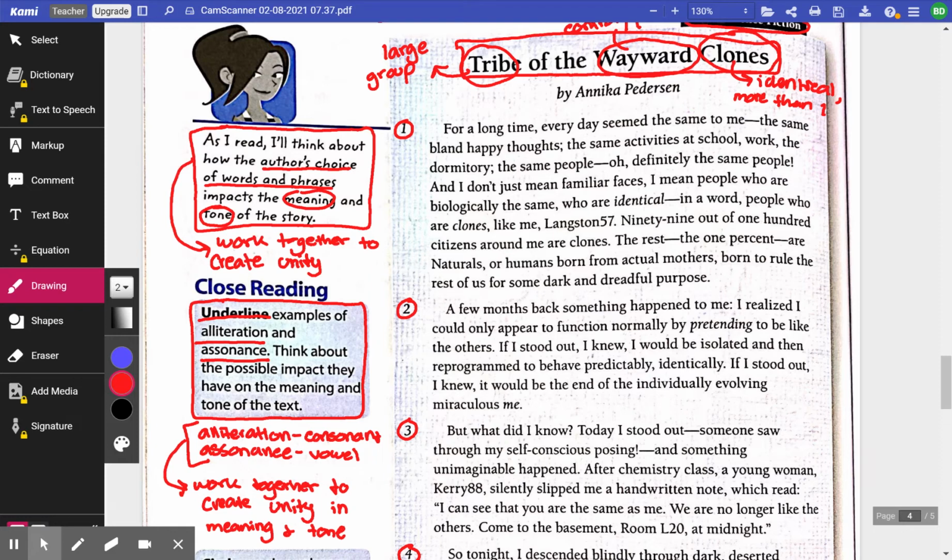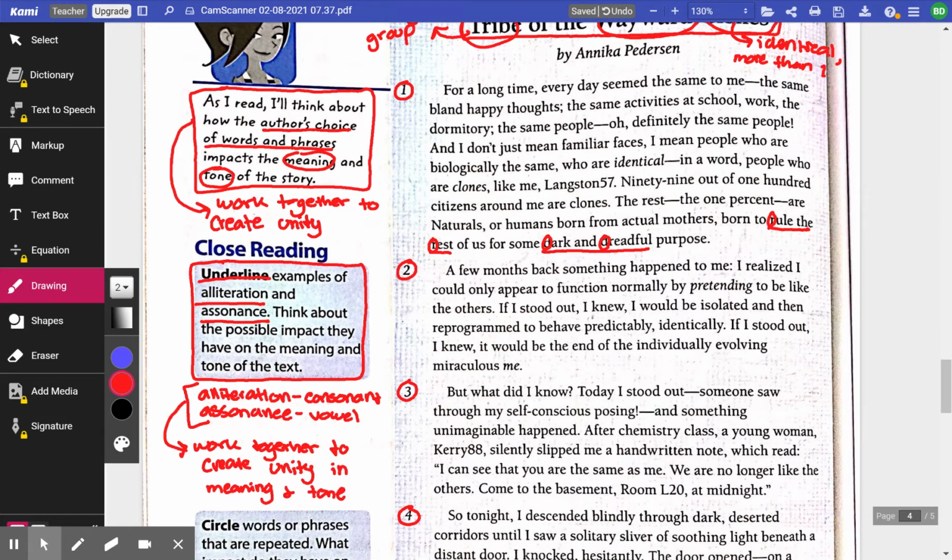We have this phrase, rule the rest, and it has that repetition of the r sound at the beginning of the word. And then we have another example in the same sentence, dark and dreadful, that d sound at the beginning of the word. That's our alliteration of the consonant sound that the letter D makes here. So both of those are examples of alliteration.